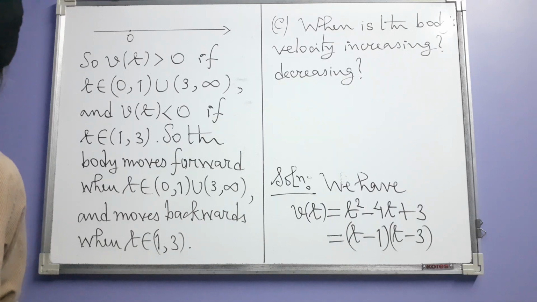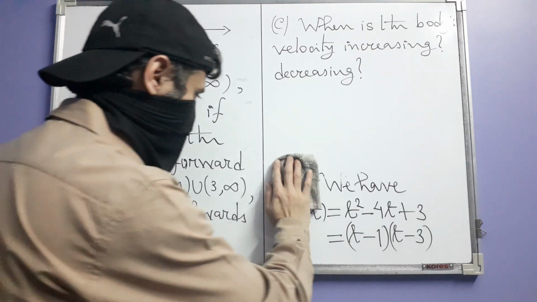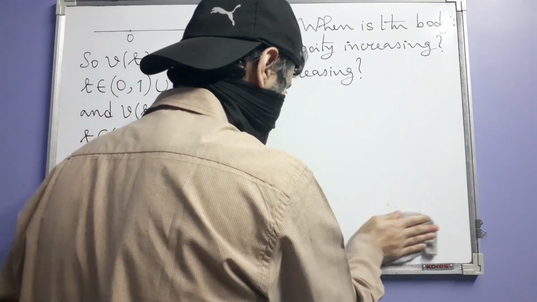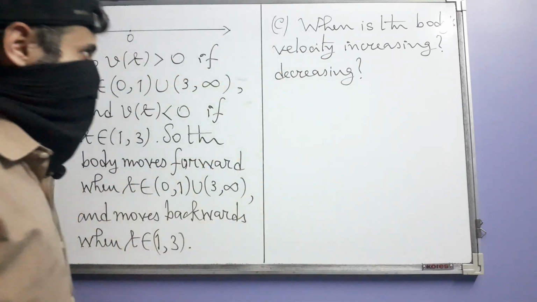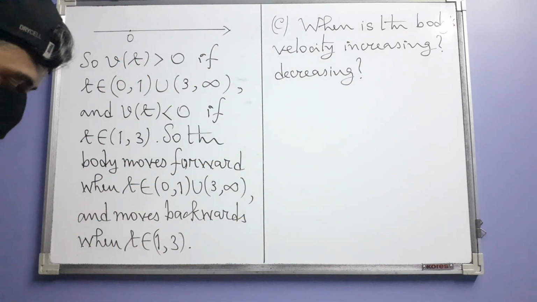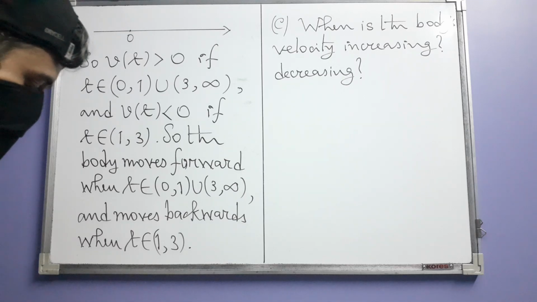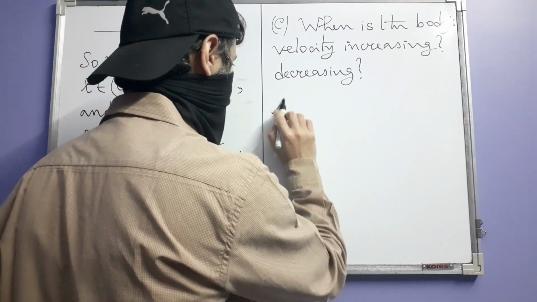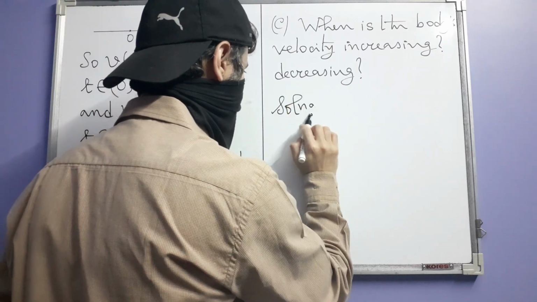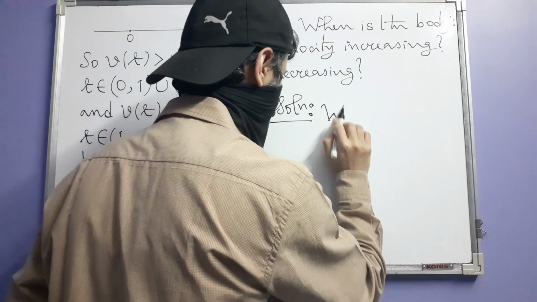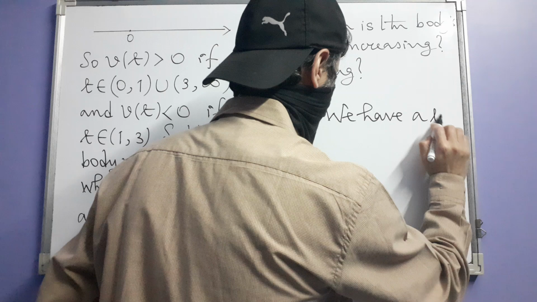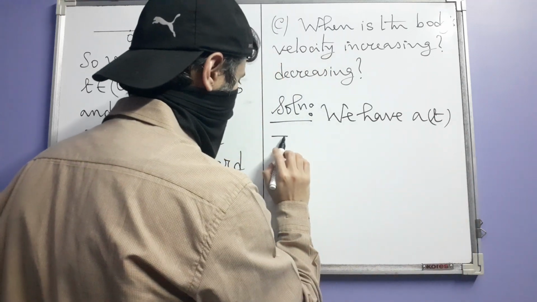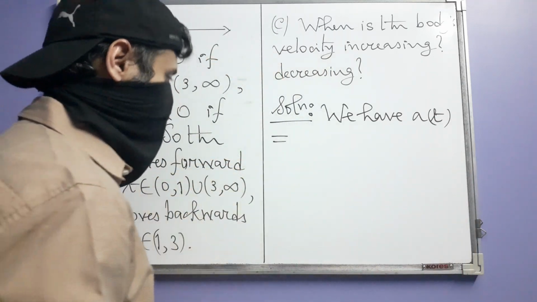So we just need to find out when the acceleration is positive and when it's negative. That means we have to find the acceleration. Actually, we already have the acceleration. We have a of t equal to 2t minus 4.